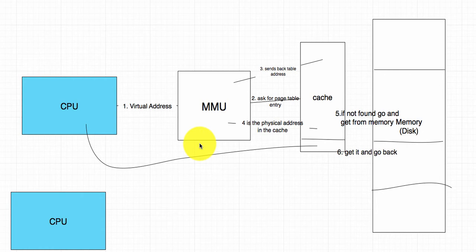The last thing I'm going to add about virtual memory is that you can see I have to go to the cache to get my page table, my lookup table essentially, to find where it is physically, to then do my lookup to see if it's in the cache or in memory.